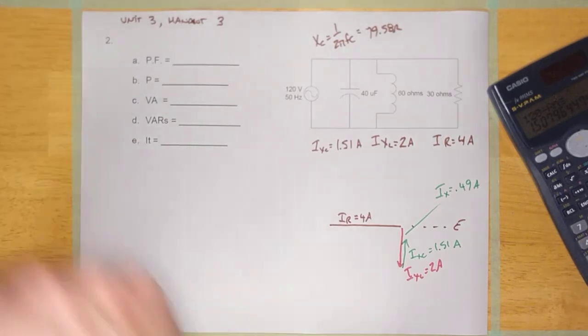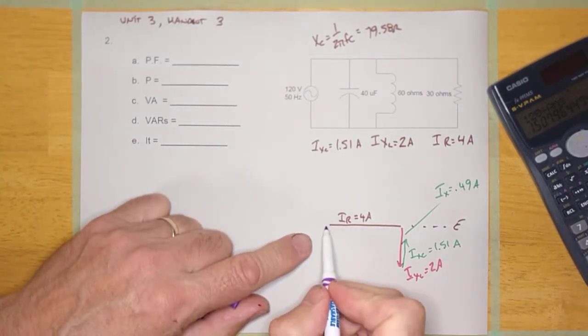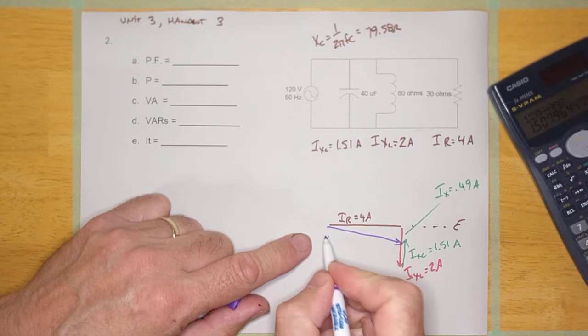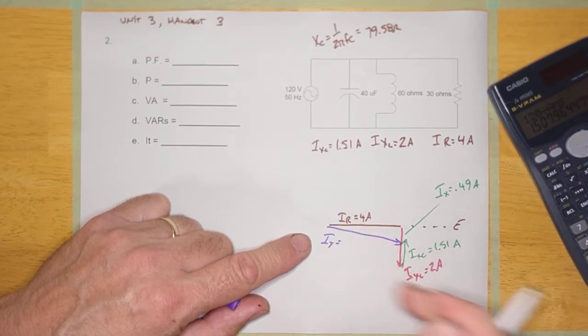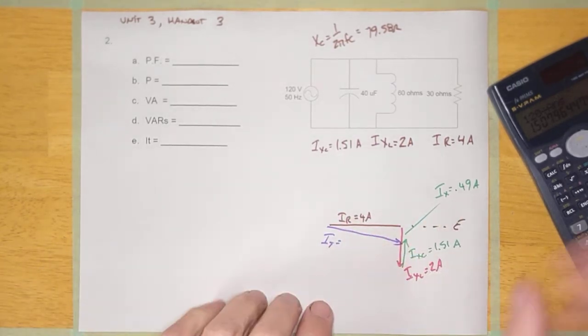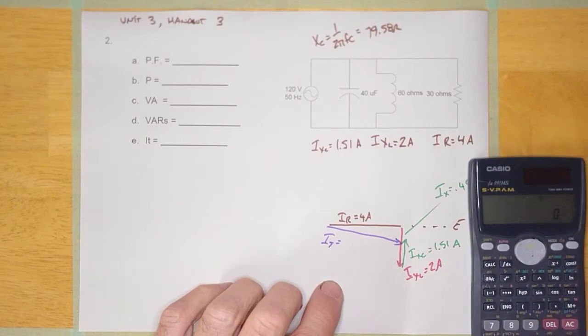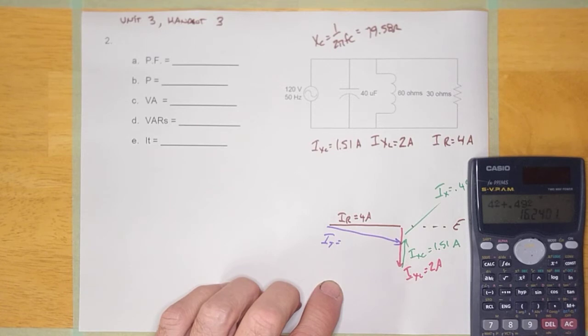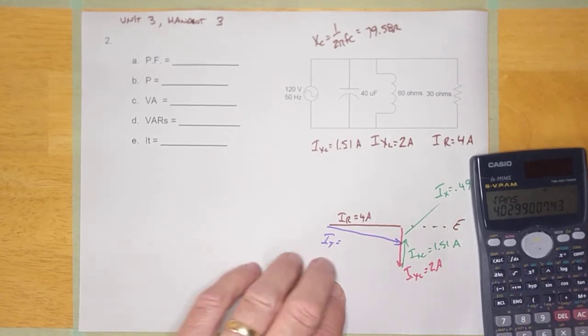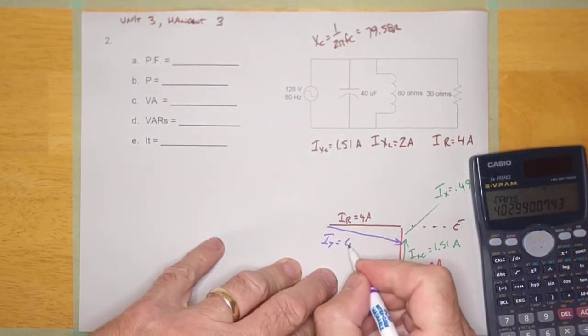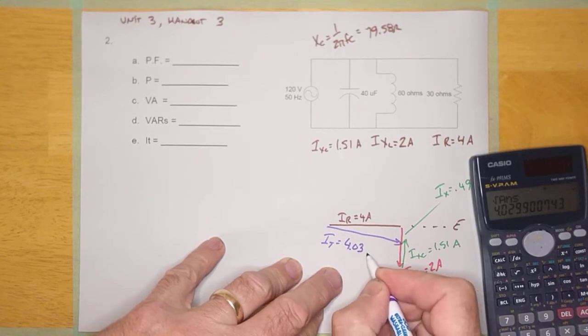All this so I can accomplish step 1, which is to calculate the current in the circuit. I total is the square root of 4 squared plus 0.49 squared, which equals 4.03 amps.